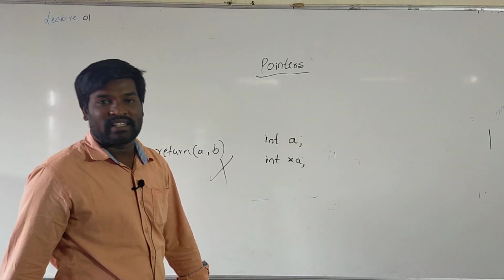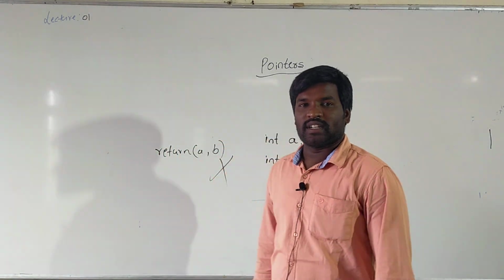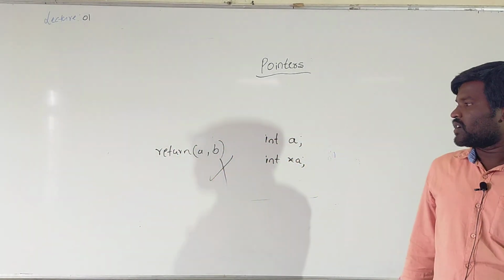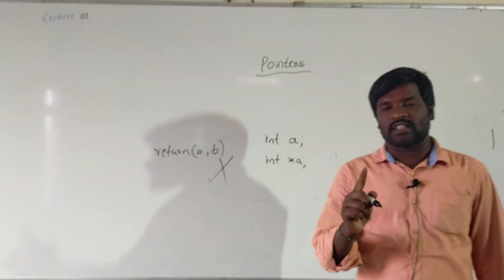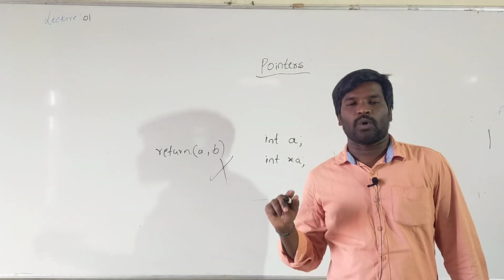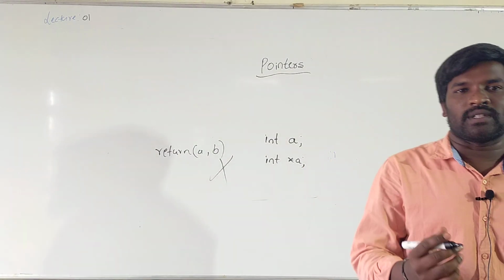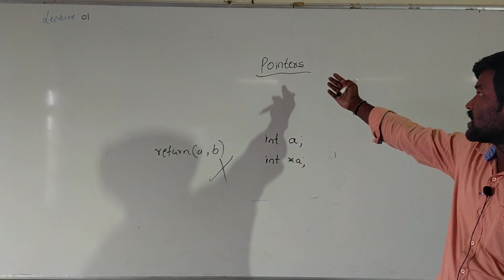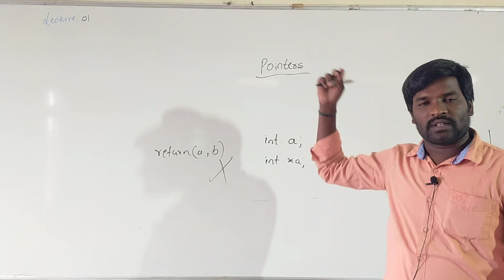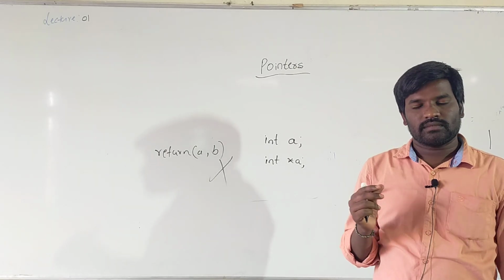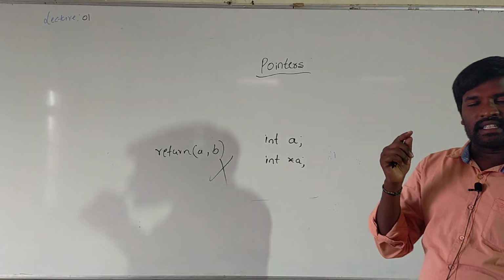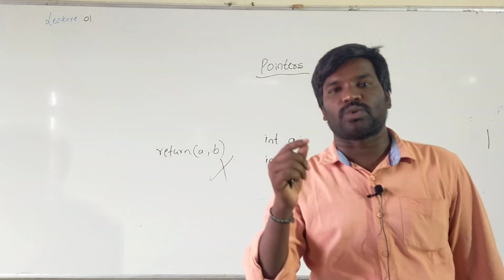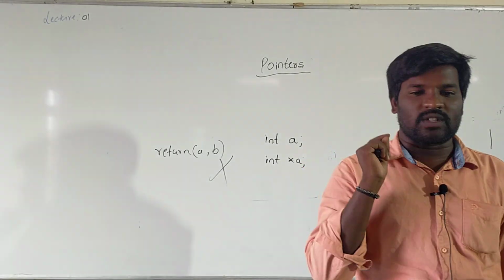It is completely invalid. If you are using the return statement, it will return only a single value. If you want to return more than one value, we will go through pointers. The advantage of a pointer is that it can return more than one value from a function. That is the first advantage.